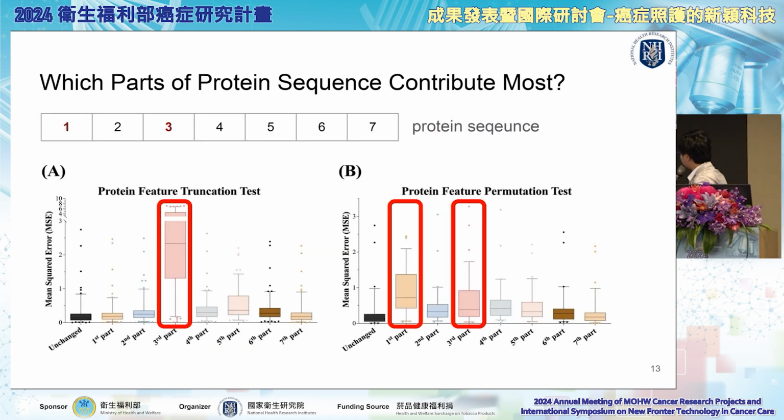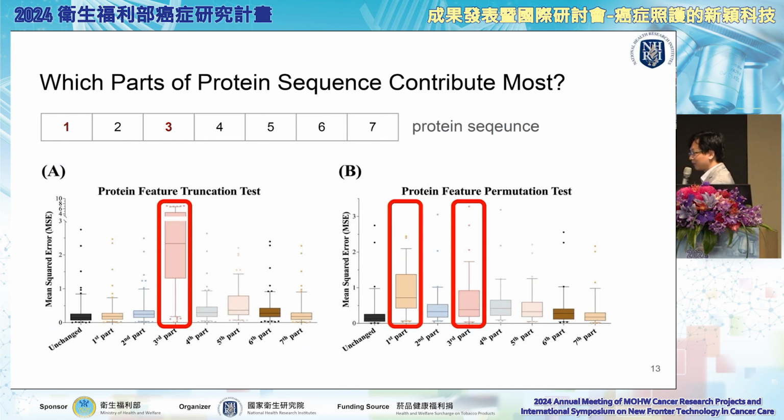After that, we would like to make sure that the model actually learns something from each other. So we did 2 experiments. One is the feature truncation, where we remove part of the sequence to see what happens. And we find that the third part of the sequence contributes most to the multitask learning.